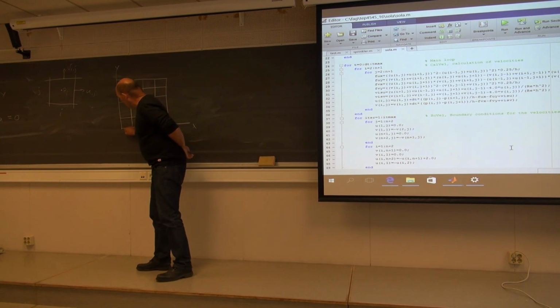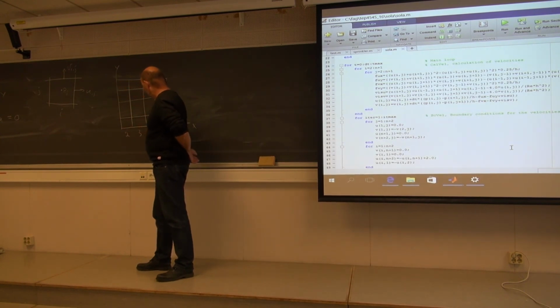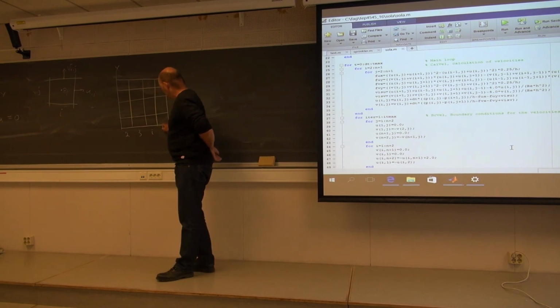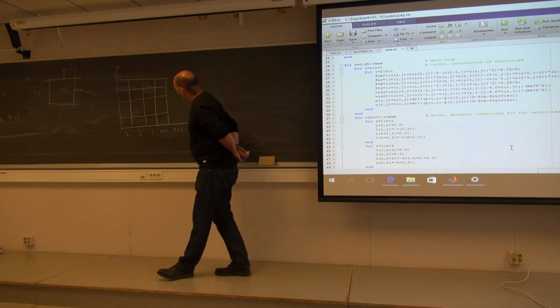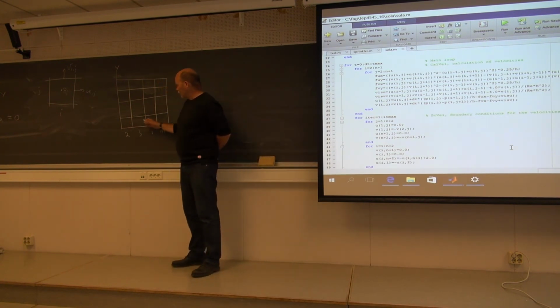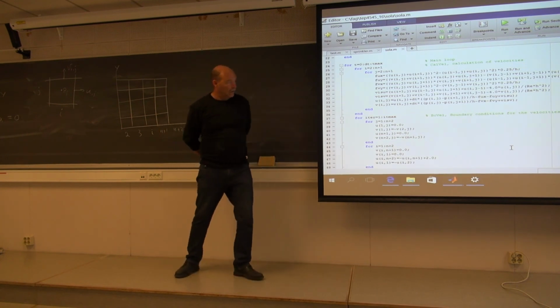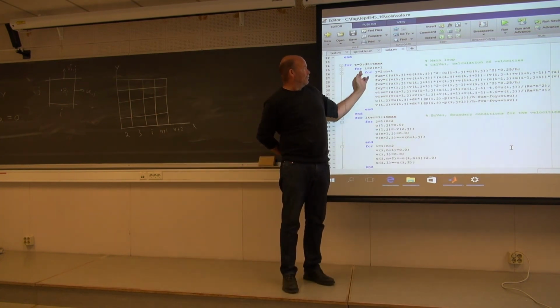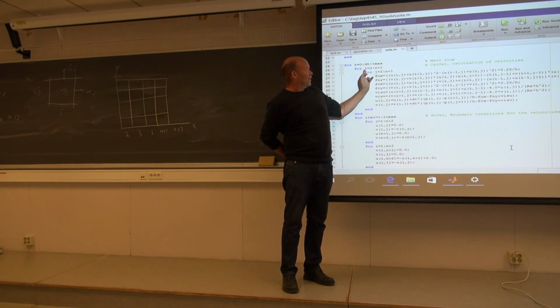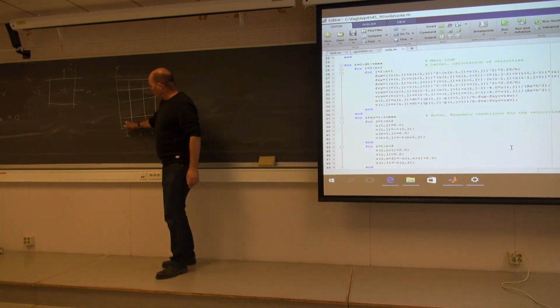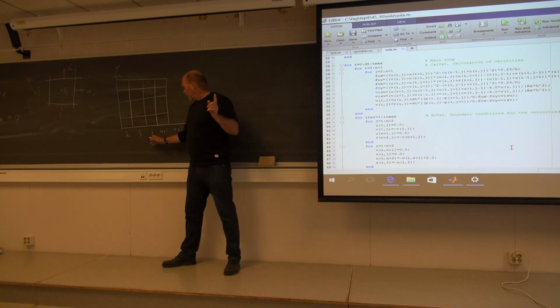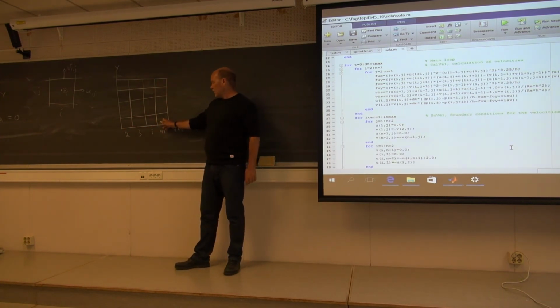So we start with number 2, 3, this is now number i, and this is number n plus 1 I think, and here n plus 2. Because I want to have n by n inside live cells. So you see the internal loops, they start from 2 and go all the way up to n plus 1. Meaning number 2, that's the first live cell, n plus 1, that's the last live cell.